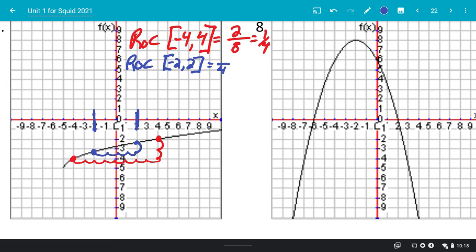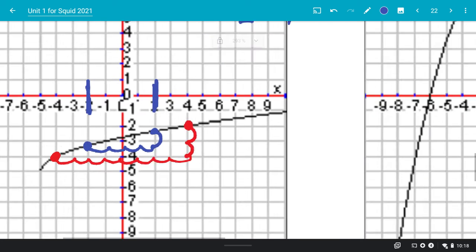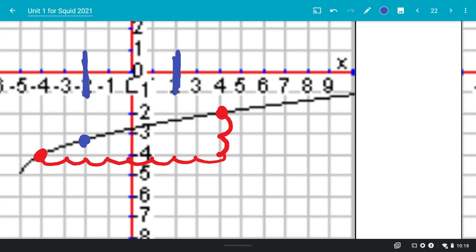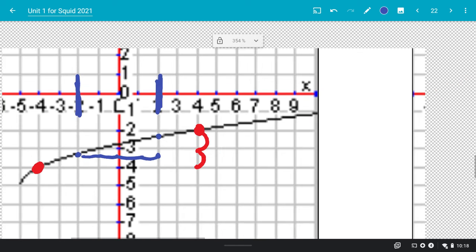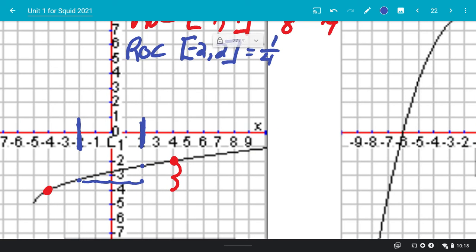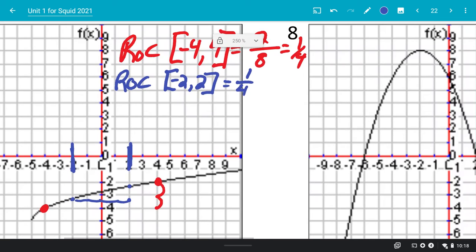And I go up approximately 1. Now, neither one of those points are on the line, are they? Or on a lattice point. But I can estimate where they are, and that's okay. And basically from there to there, that's about 1 point up, right? Are you with me? And I'm okay with that estimation for now. So my rate of change is 1/4.